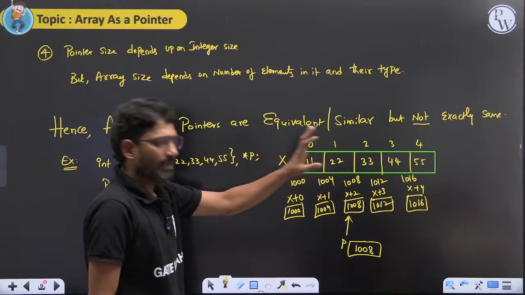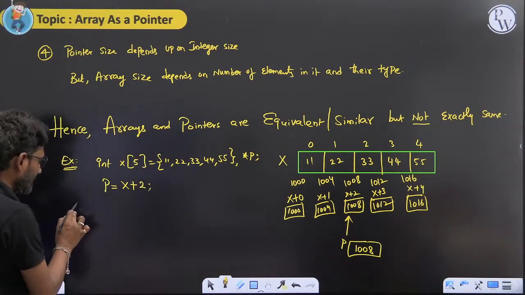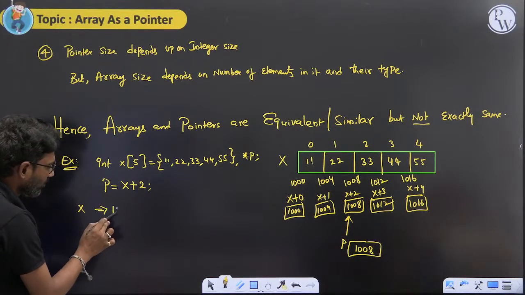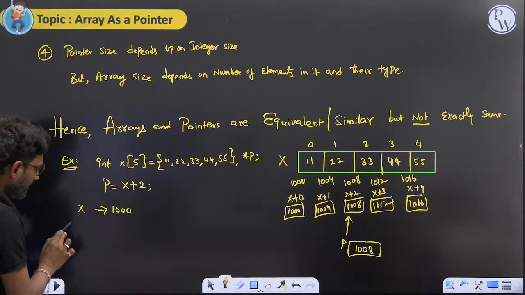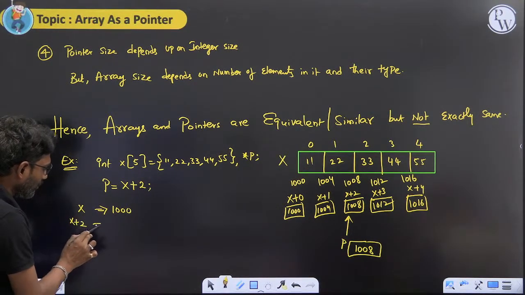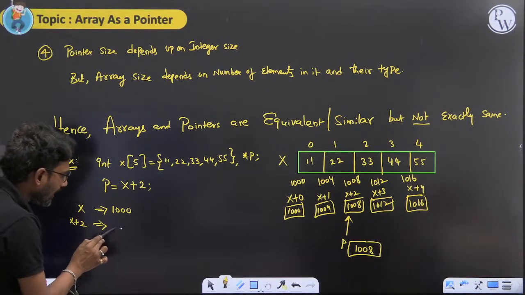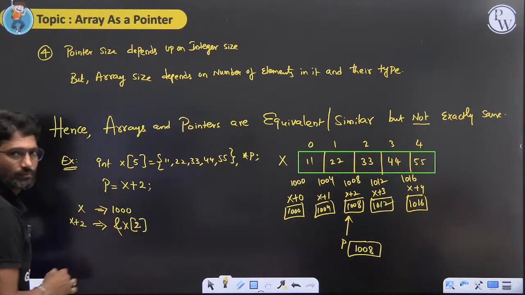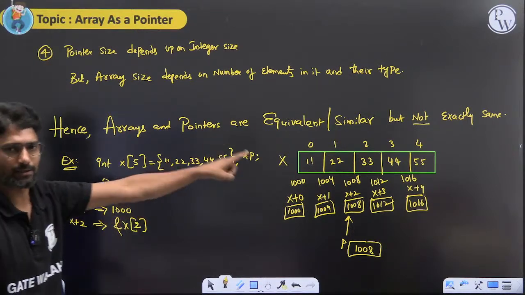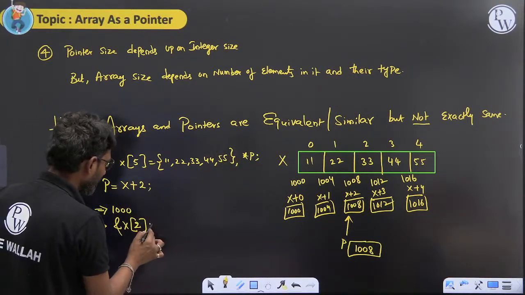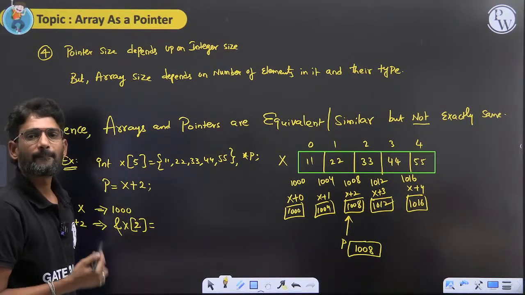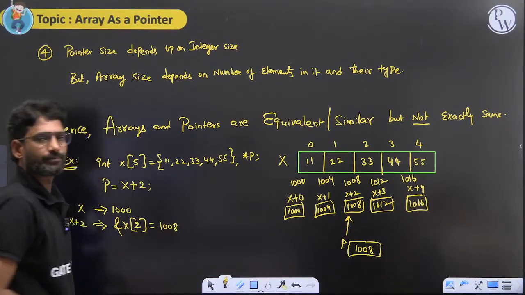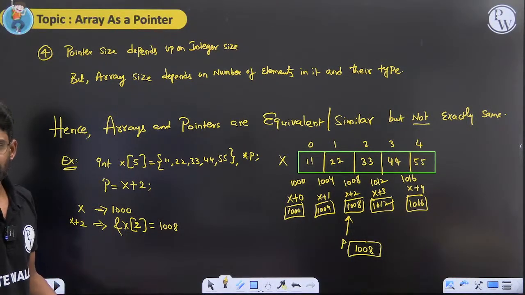Now, if I print x, what do I get? 1000. If I say x + 2, what do I get? Address of x[2], which is 1008.